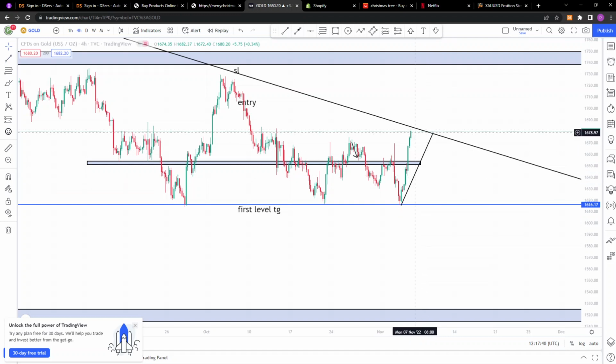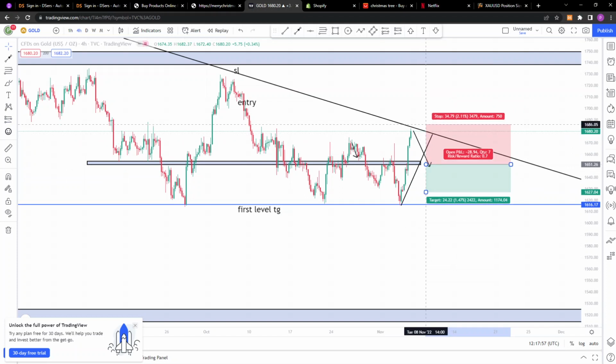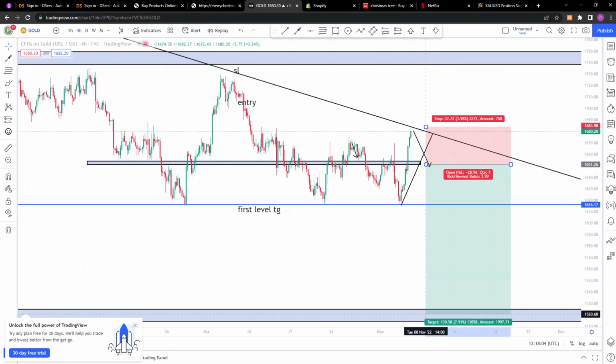When price eventually breaks this counter trend line, we're going to short this market somewhere around here. That's our point of entry. This is where you hit it, and this is where stops are going to be, slightly above here. Next level target is going to be down here.